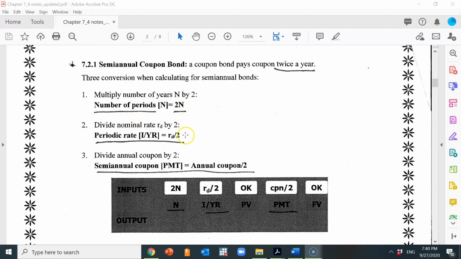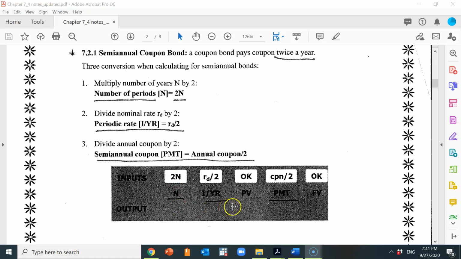The second change is to divide our nominal rate, RD, cost of debt, by 2, so we have the periodic rate input as I in the calculator. The nominal annual rate divided by 2 gives us the semi-annual or periodic rate. The third change is to divide the annual coupon payment by 2, so we have the semi-annual coupon payment input as payments.